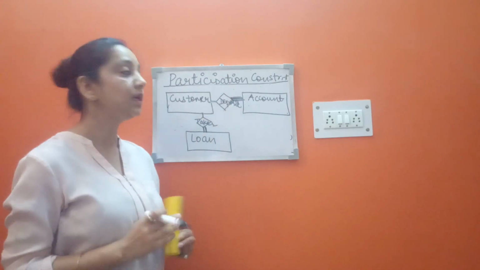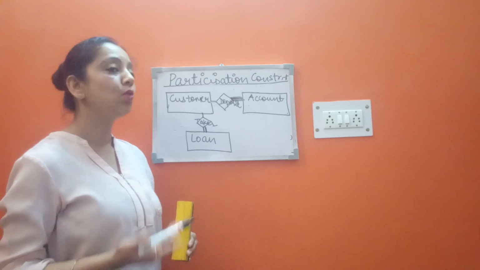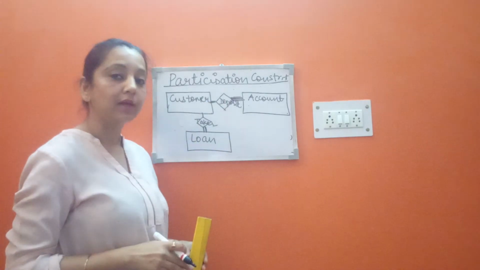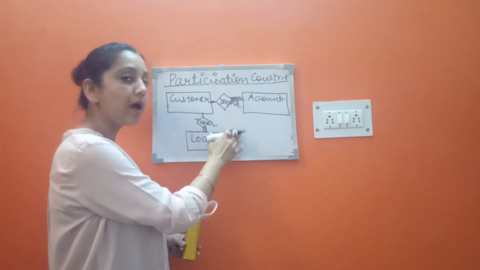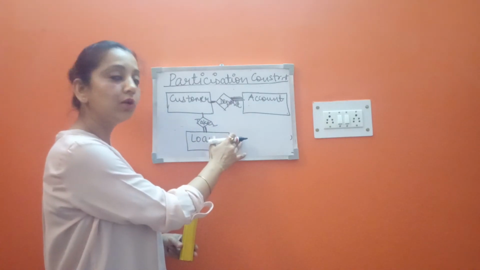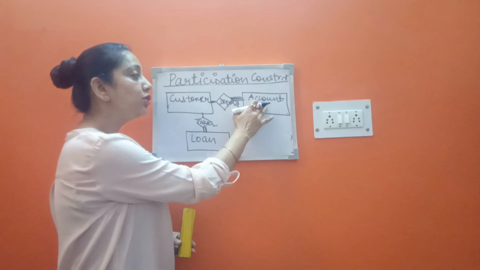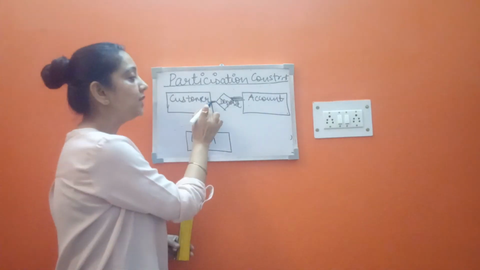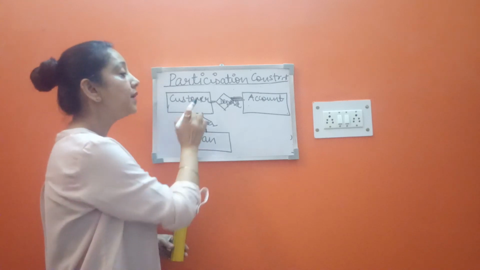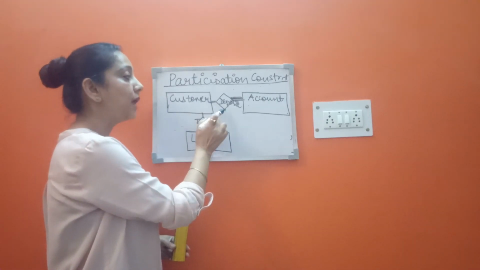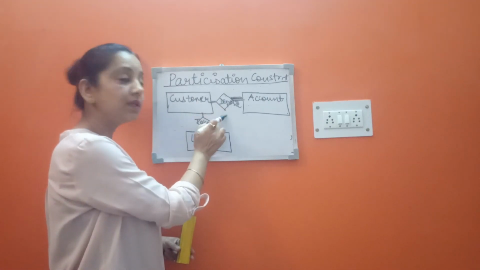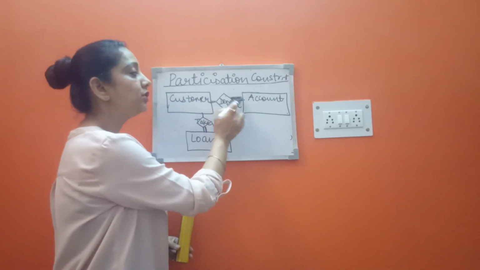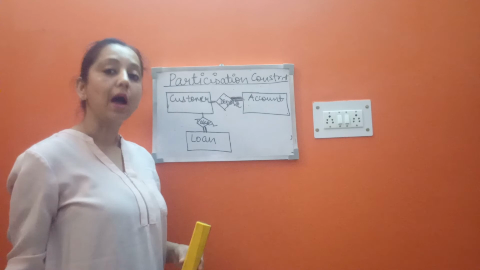You may be a customer of the bank when you are making a draft to the bank. So in that case, you need not have an account in that particular bank. But every customer who comes to the bank for banking services does not necessarily have an account. Hence partial participation for the account.